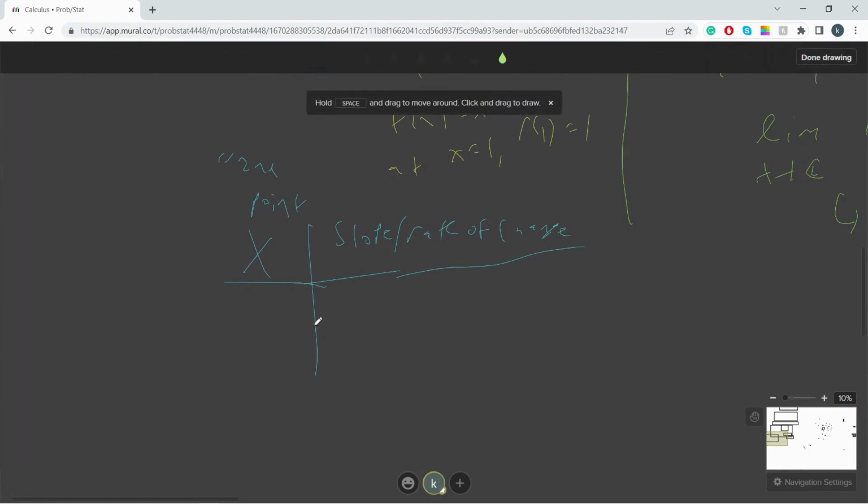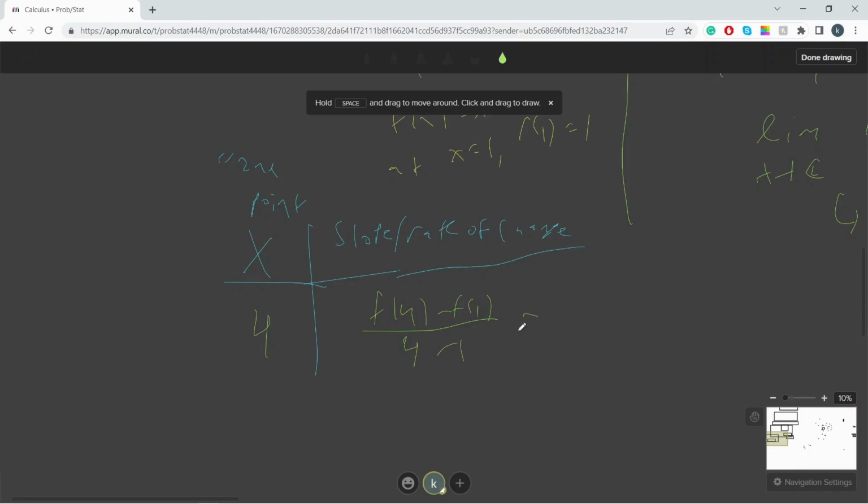Let's say the first point is at x equals 4. So this will be f of 4 minus f of 1 over 4 minus 1, because this is going to be the slope.